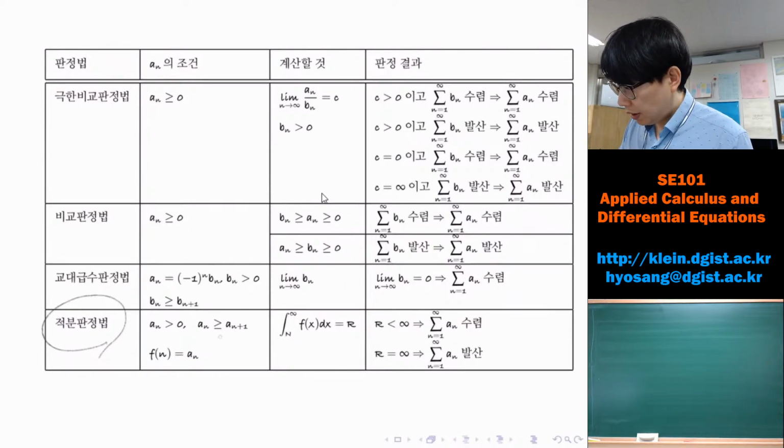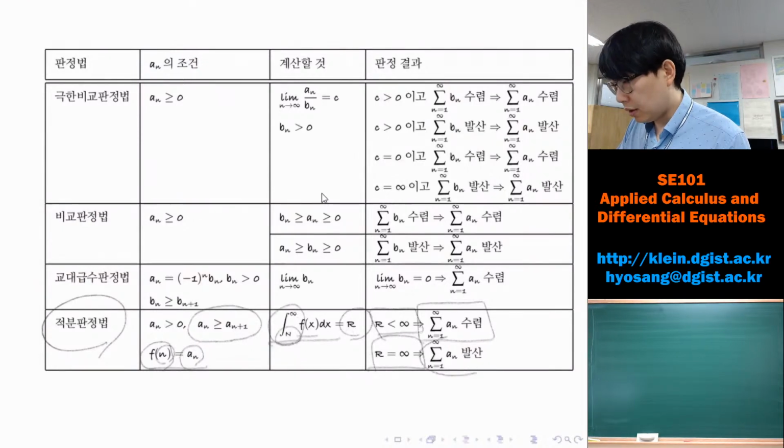It says that if you have a series whose sequence is decreasing, and you can choose a function whose value at the integers equals the sequence, then if the improper integral of this function f from some natural number to infinity converges, the series converges. If this improper integral diverges, then the series diverges.